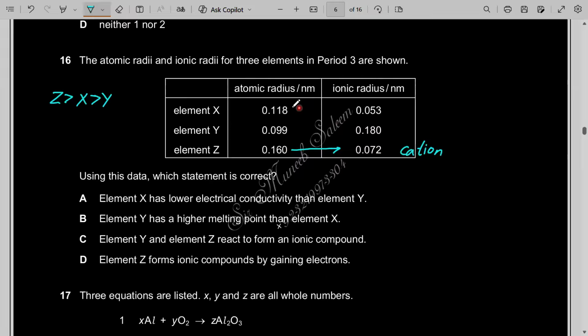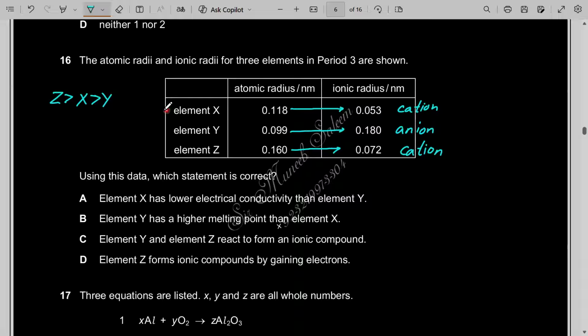And element X changes from 0.11 to 0.056, which means it is also forming the cation by losing the valence shell. But element Y changes from 0.099 to 0.180. That means the size has increased. So the increase in size indicates that element Y is forming the anion.